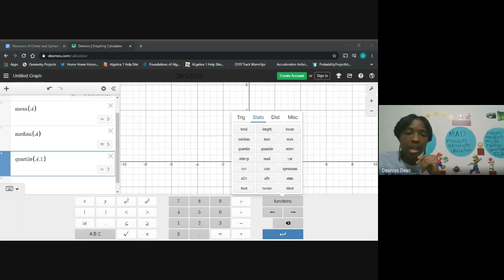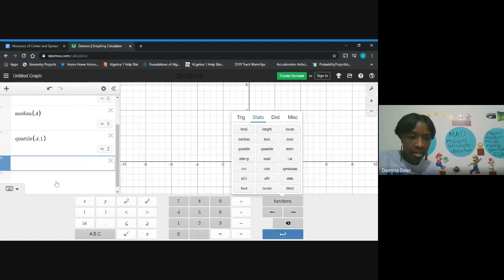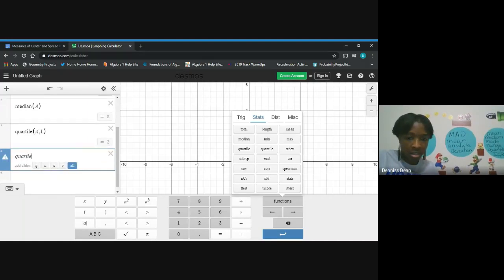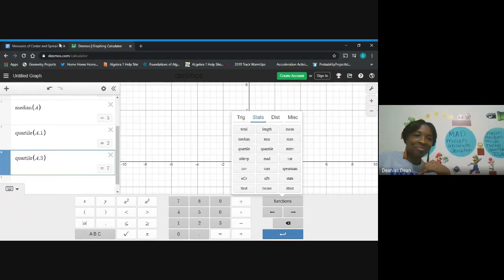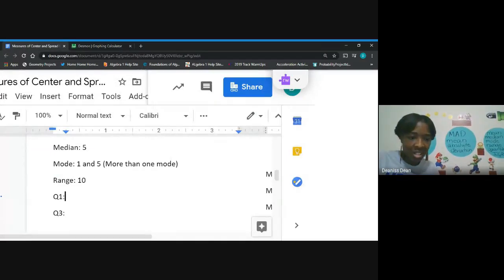All right, so quartile 3 is going to be 7. This one was 2, this one was 7.